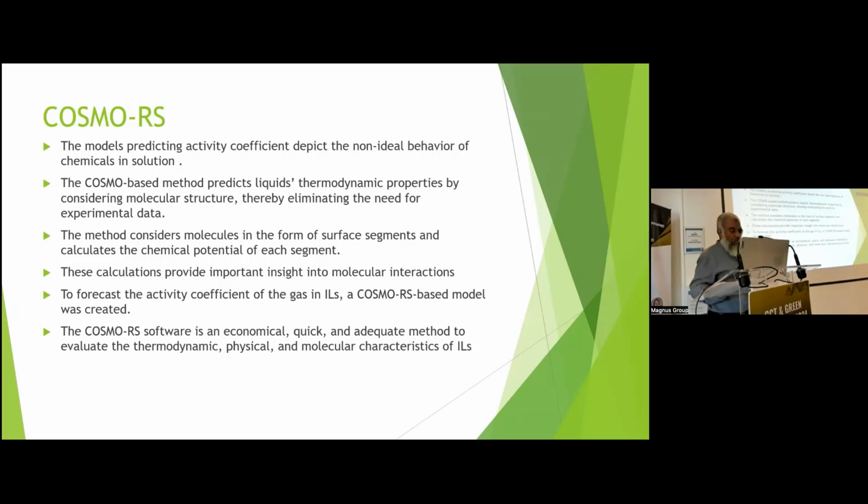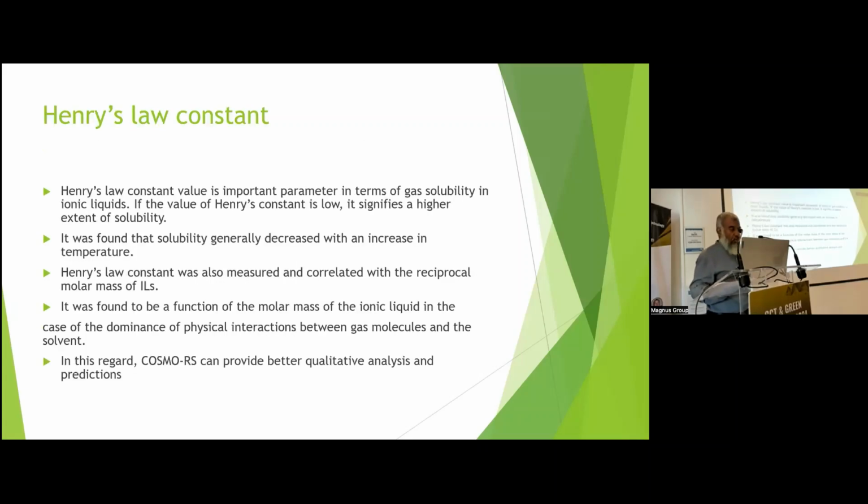These calculations provide an important insight into the molecular interactions. To forecast the activity coefficient of the gases and liquids in ionic liquids, a COSMO-RS based model was created. This COSMO-RS is a software, an economical, quick, and adequate method to evaluate the thermodynamic, physical, chemical and molecular characteristics of the ionic liquids.